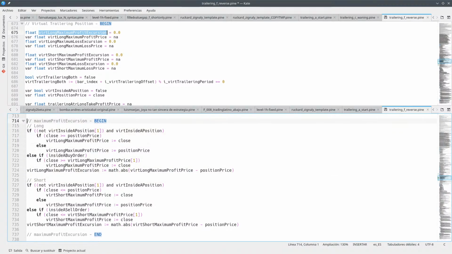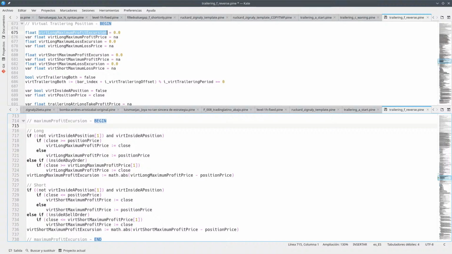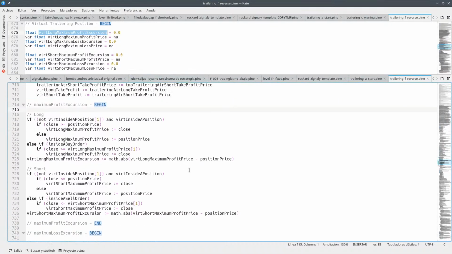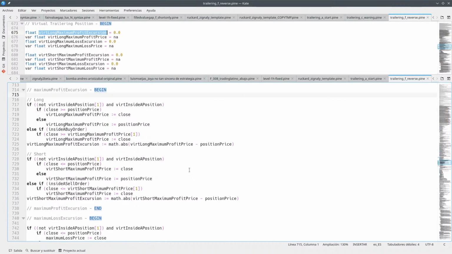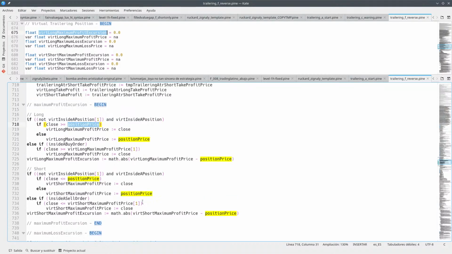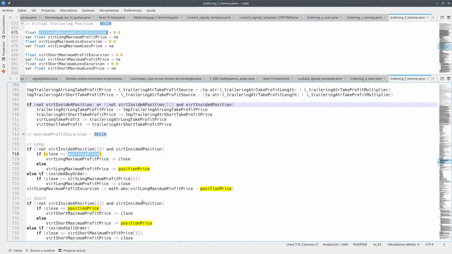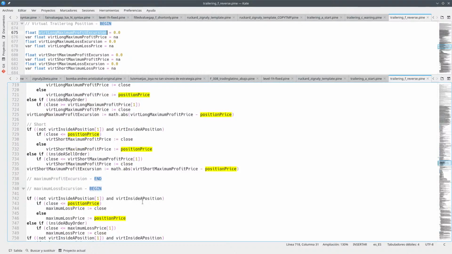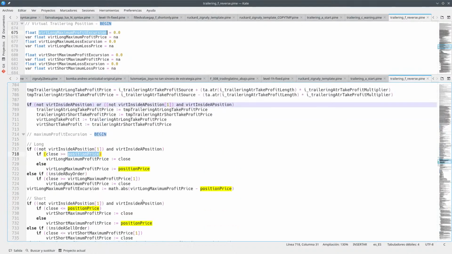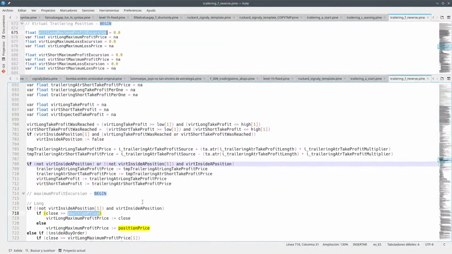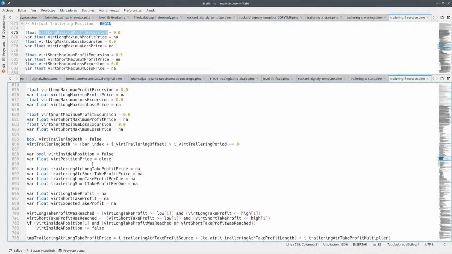However, there is something that is not right here, which is this position price. This position price is not the right one but something else, which is the virtual one, which is here.